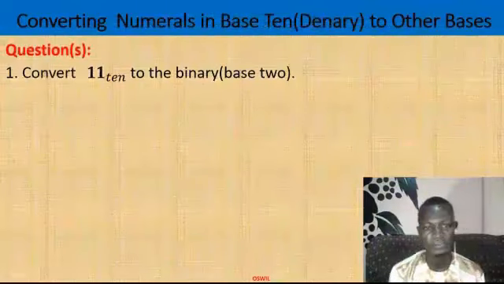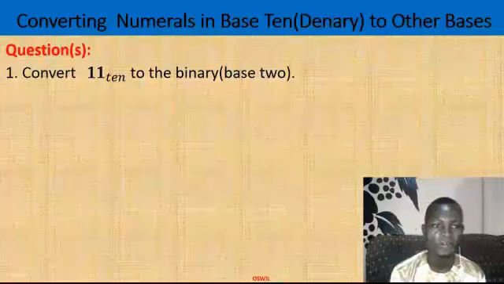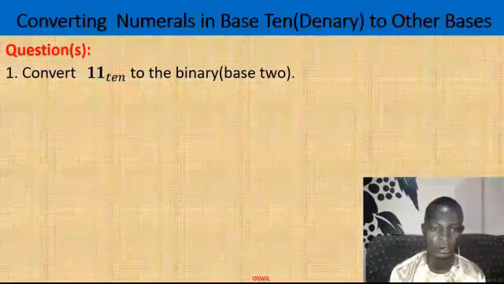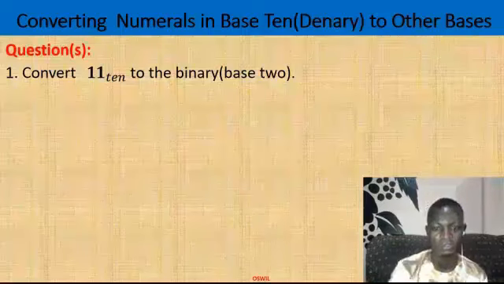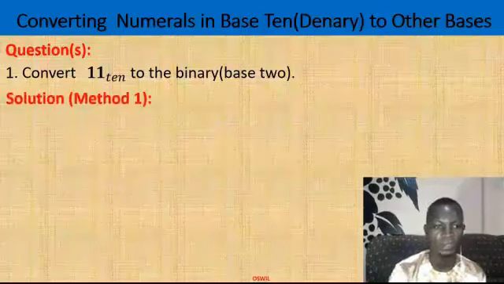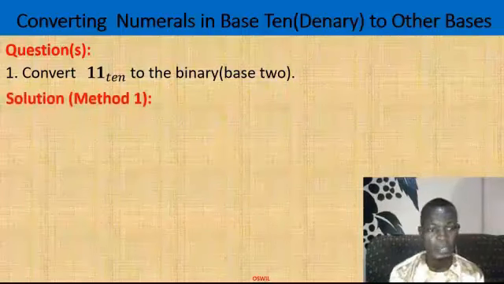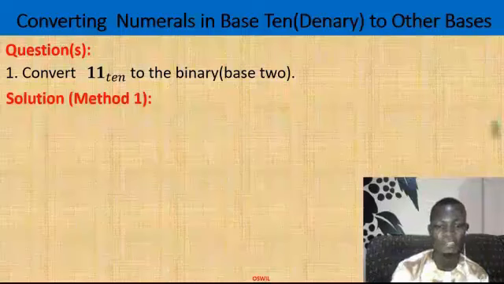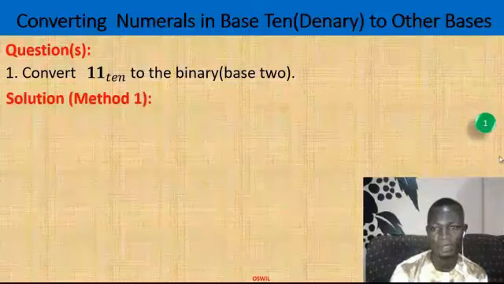Let's see our first question. Convert 11 base 10 to binary, or base 2. We are going to consider two methods, and this is the first method.